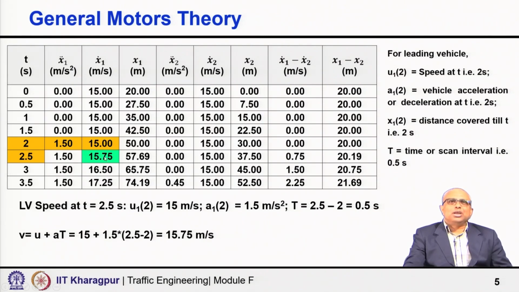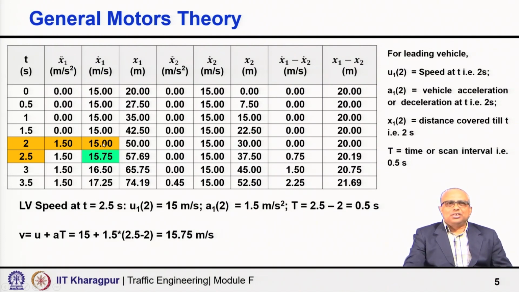When you are trying to calculate the value at t equal to 2.5 seconds, at 0.5 second scan interval, as I have indicated here as capital T, that means our u is at 2 seconds. What is the initial speed at t equal to 2 seconds? 15 meter per second is given.